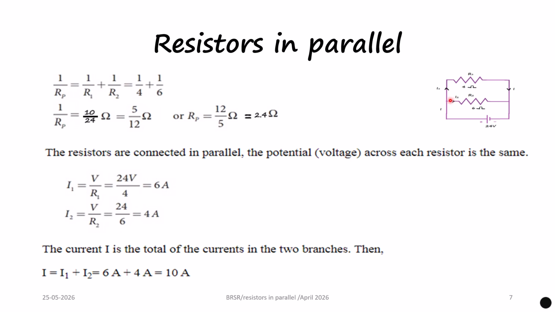The current through the 4 ohm resistor is V by R1, that is 24 by 4, which is 6 amperes, and the current through the 6 ohm resistor is 24 by 6, the voltage being the same, which is 4 amperes. So the total current in the circuit is the sum of the currents through the individual resistors, which is 6 plus 4, 10 amperes.